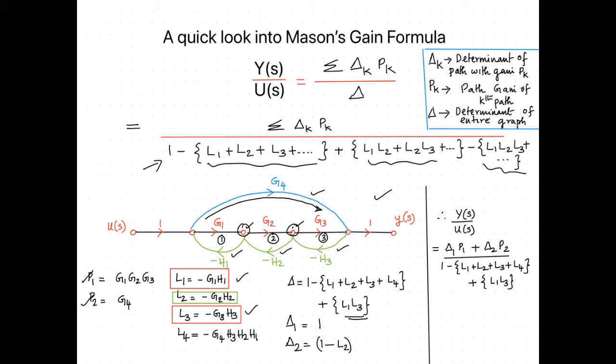While you determine delta 1, what you have to do is remove the path P1 and see whether any loops exist. If any loops exist, then use those loops in the equation of delta and write the equation for the corresponding delta k.